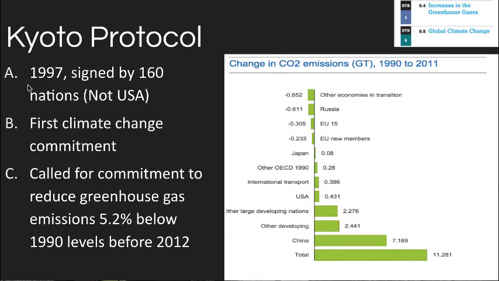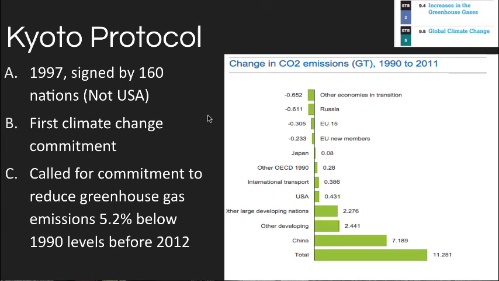The last thing we'll discuss here is a kind of historic event that occurred in 1997. It was the Kyoto Protocol. Basically, this was the first climate change commitment that was brought forth in 1997. 160 nations recognized the need for this and signed off on this and pledged to reduce CO2 emissions.